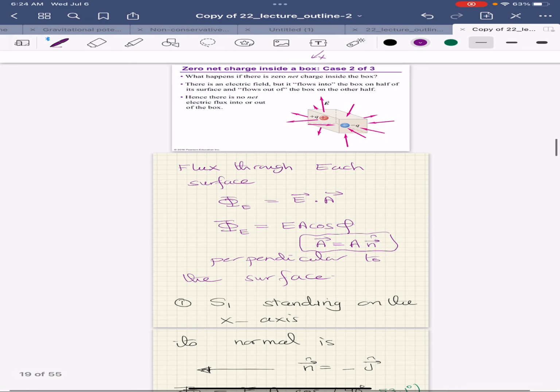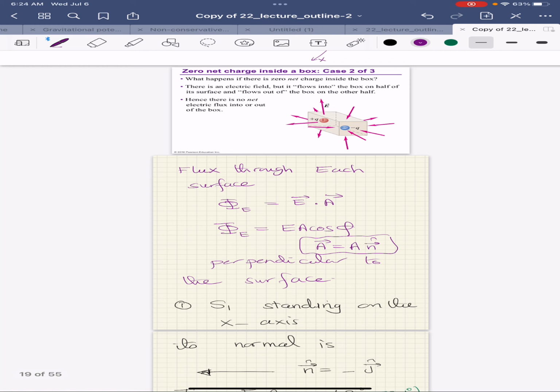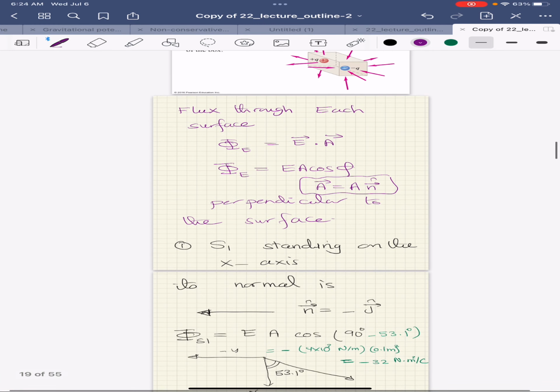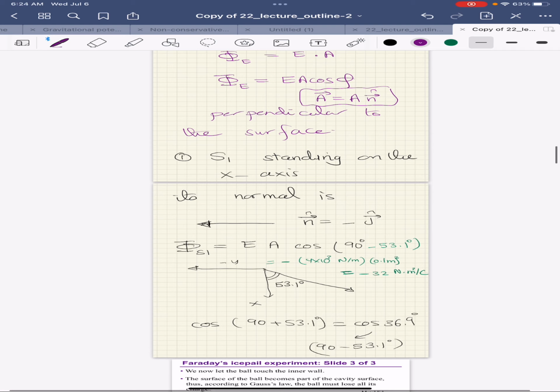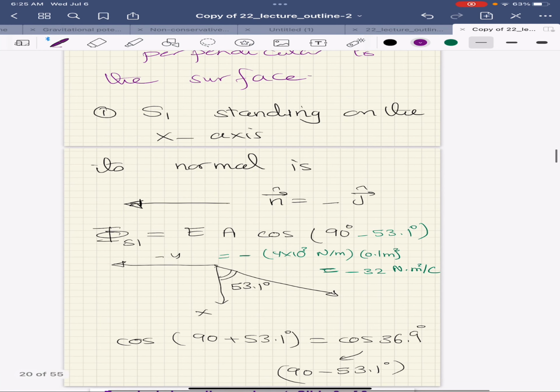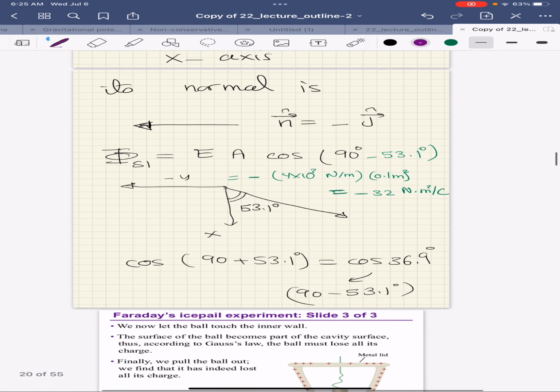If you look here at S1, it is standing on the x-axis, and its normal is going to be minus j. If I wish to calculate the flux, it is EA times cosine of the angle between, 90 minus 53.1, and that is 36.9. If I plug in my numbers, it's going to be negative 32 newton meter squared per coulomb.